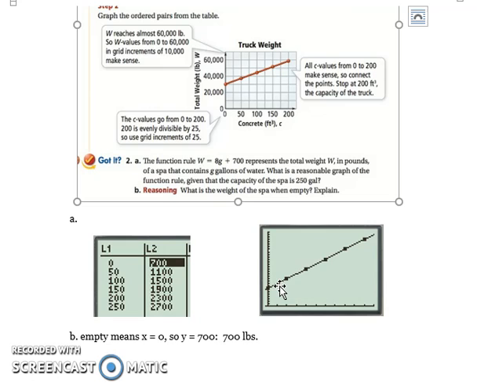Probably 10s. So we started at 0, 700. Okay, hundreds, it's counting by 100, sorry. 50, 1100, etc. You have to make sure that your axes are labeled, please. The weight of the spa when it's empty obviously is 700 because that's 0 gallons in there, which means the spa itself weighs 700 pounds.